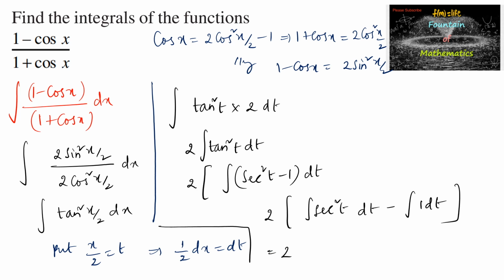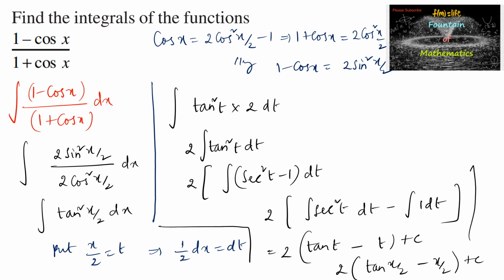In 2 times integration of secant square is tan t minus integration of 1 is t plus c. Let us substitute it back. t is equal to x by 2. So we can write 2 tan x by 2 minus x by 2 plus c, or this can also be simplified as 2 tan x by 2 minus 2 into x by 2 is x plus c is the answer.